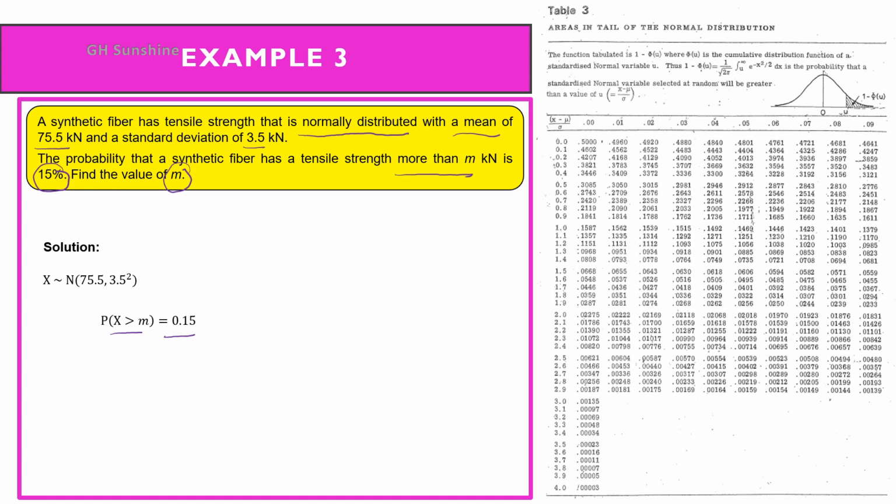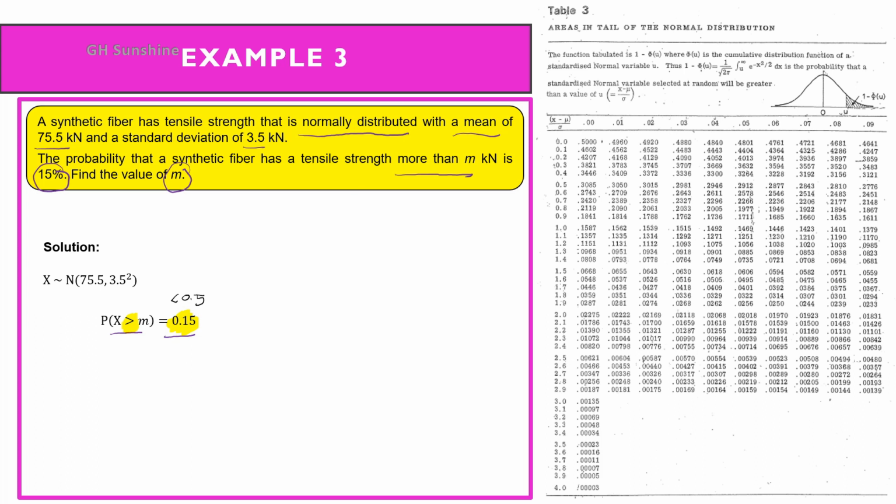Look at here, the symbol is more than, and then the probability value is less than 0.5. So more than and then less than, different sign. Therefore, the unknown is a positive value. Same sign, negative. Different sign, positive value.